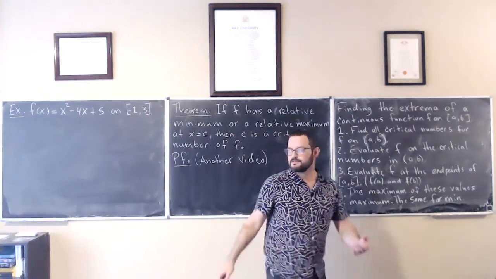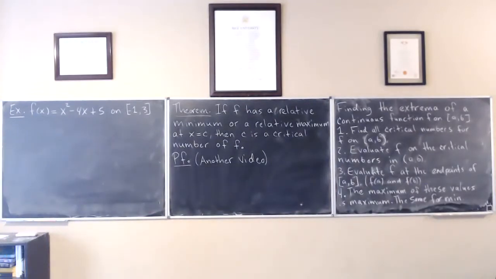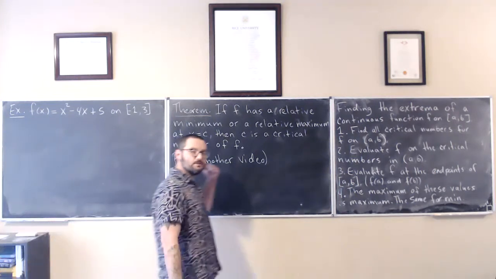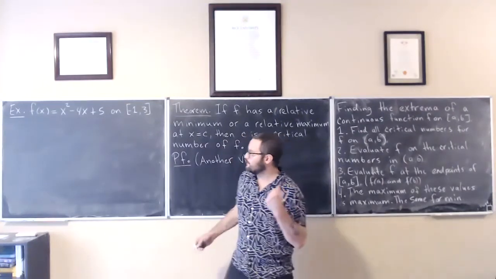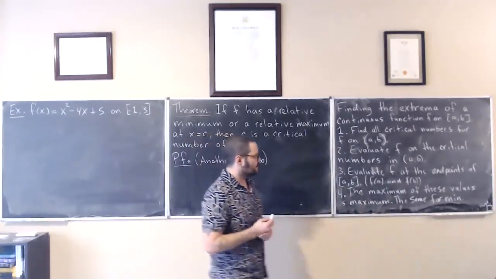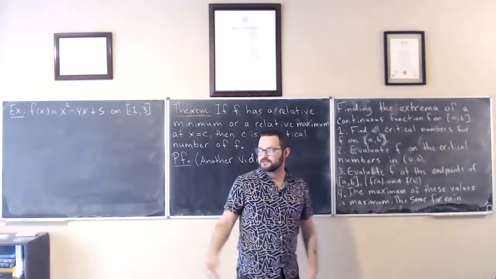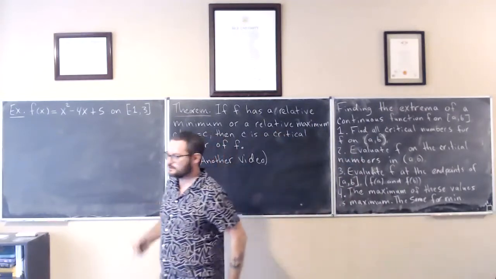And we want to find the maximum and minimum of this function on that closed interval. By the extreme value theorem, we know that that function does have a maximum and minimum on that closed interval. It's a continuous function, it's a polynomial. Because we know that, we can apply these steps and find the minimum and maximum of that function.